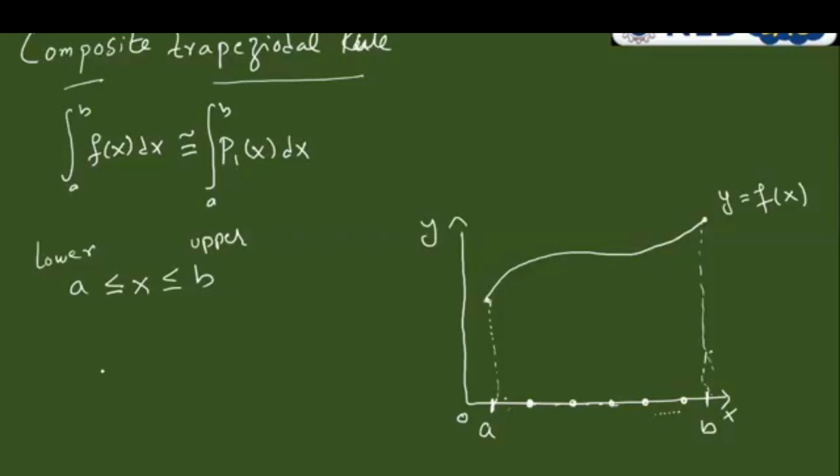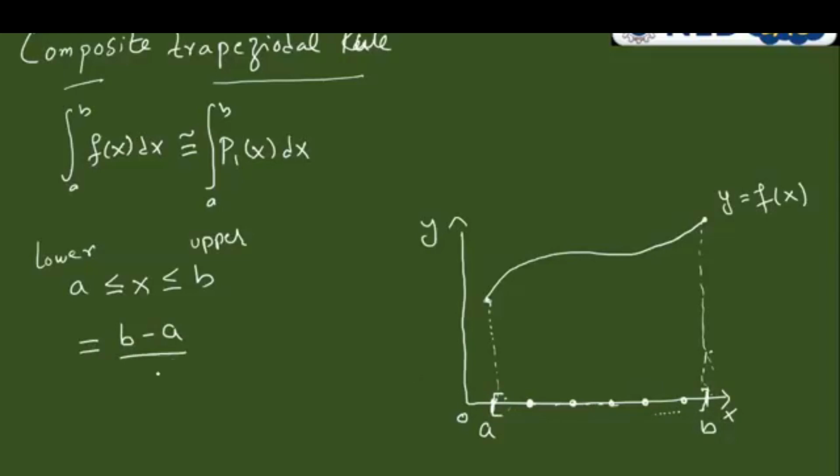So when we divide, we have to label them. How can we label them? Let's say this interval is from a to b, and I have divided it into n intervals. Okay, so n intervals. This means the length of each interval is calculated by this formula: b minus a, the total length from there to there, divided by n pieces.